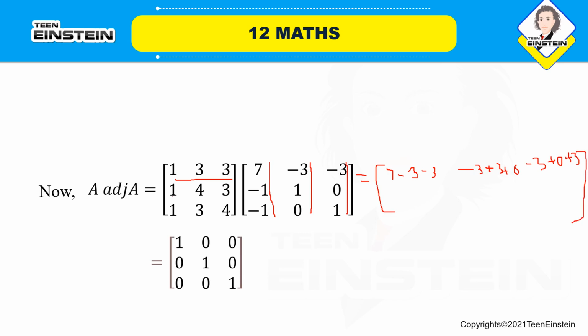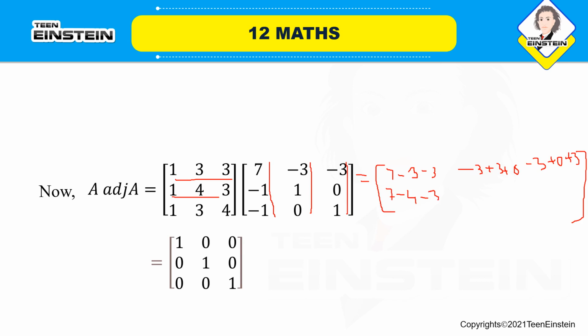Then fix the second row. Like that, I have to fix the third row. Second row, first column gives you the 2 1 position. So 7 into 1, 7. -1 into 4 is -4. 3 into -1, -3. Okay.